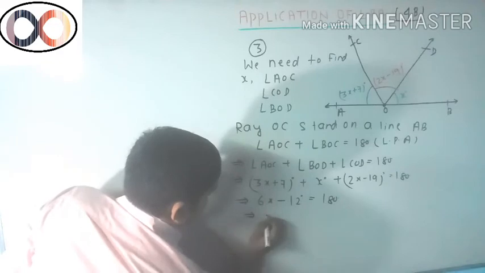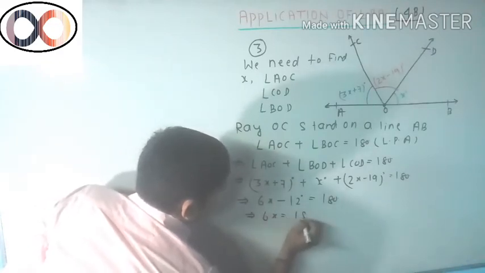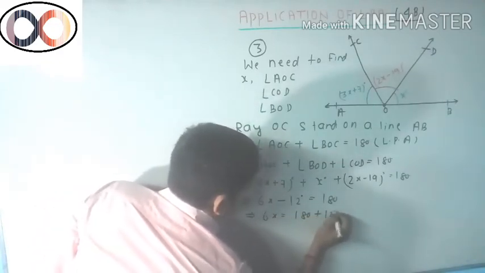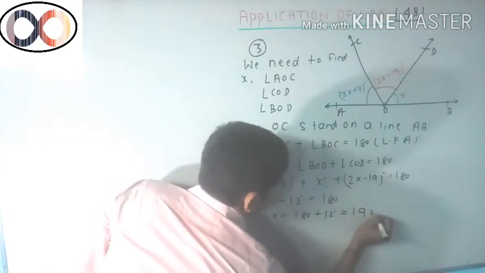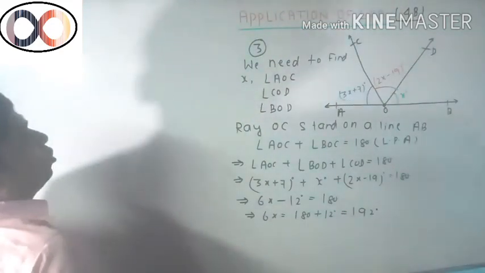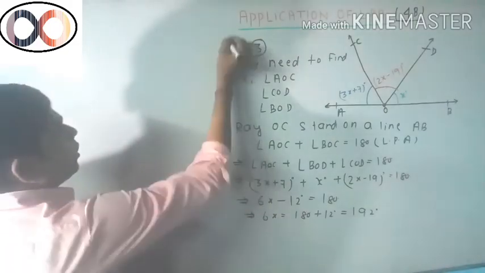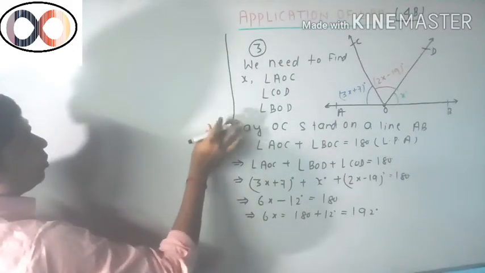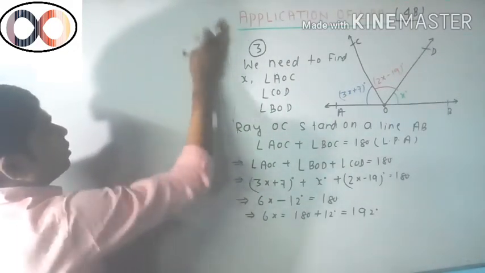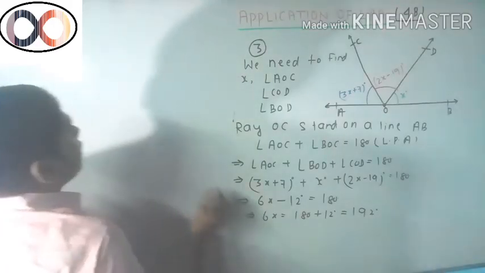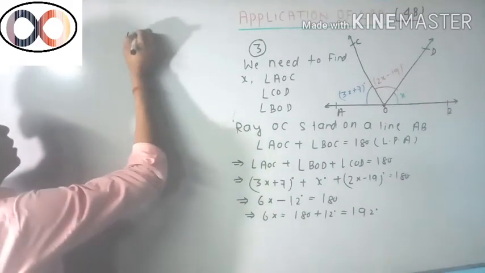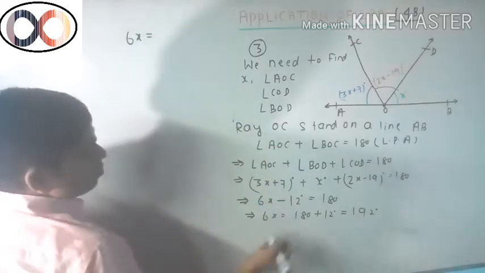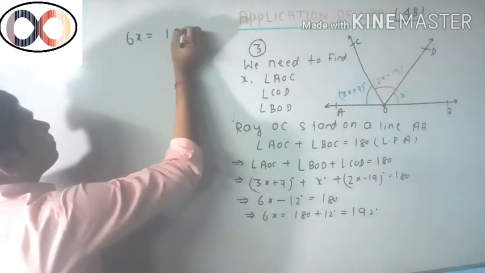So 6x equals to 180 degree plus 12 degree, that is 192 degree, okay. So first of all we need to find the value of x.